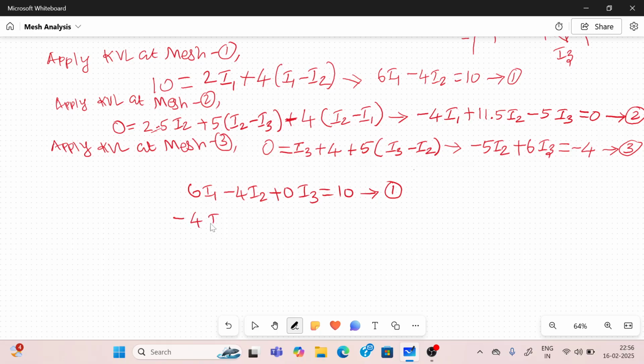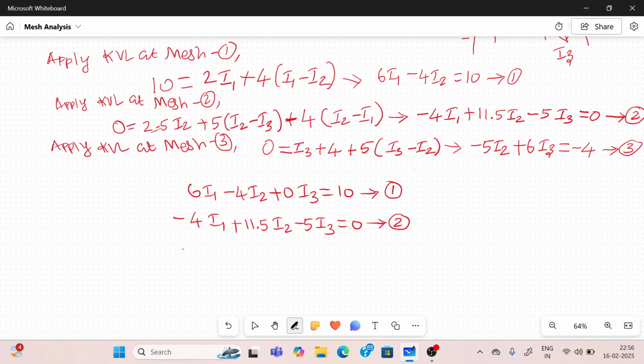Then equation 2: minus 4 I1 plus 11.5 I2 minus 5 I3, which is equal to 0. Equation number 2.